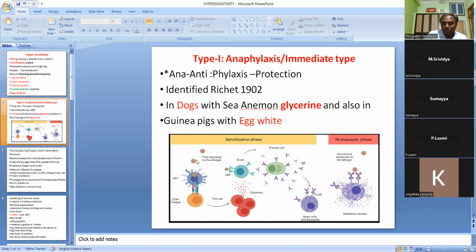Memory cells recognize these antigens and engulf them. With the help of T helpers they are activated and differentiate into plasma cells. Plasma cells produce antibodies the second time.